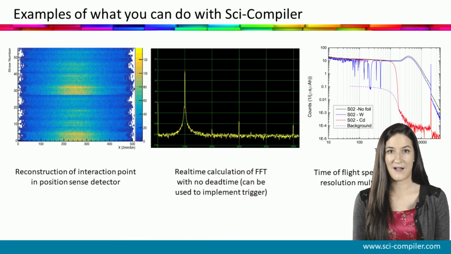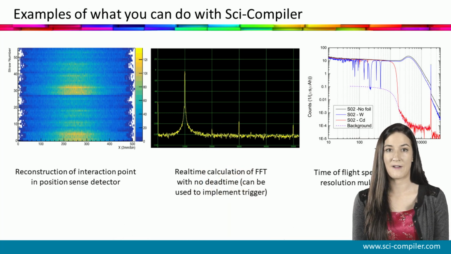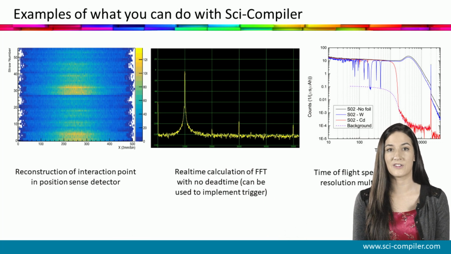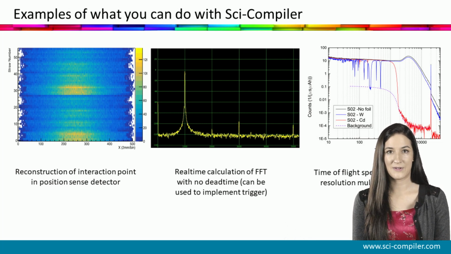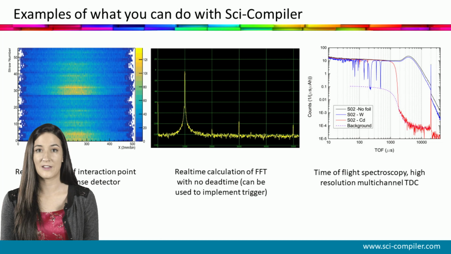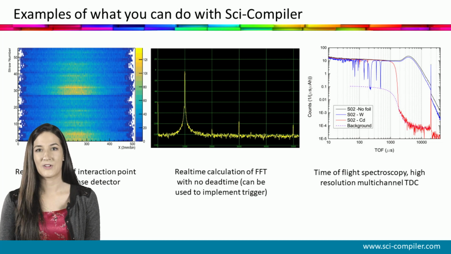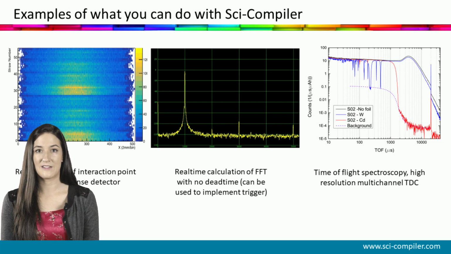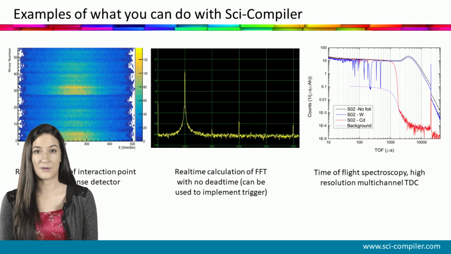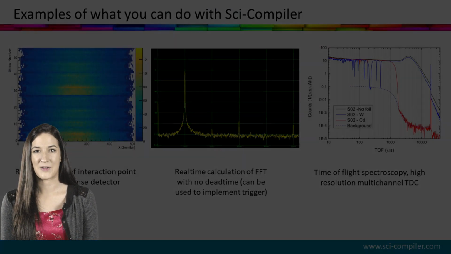Moreover, SciCompiler can execute real-time fast Fourier transform calculations with no dead time. This feature is crucial for implementing sophisticated triggers in data acquisition systems based on frequency detection. SciCompiler brings to the table high-resolution time-of-flight spectroscopy and multi-channel time-to-digital conversion, advancing the frontiers of temporal resolution in experiments.